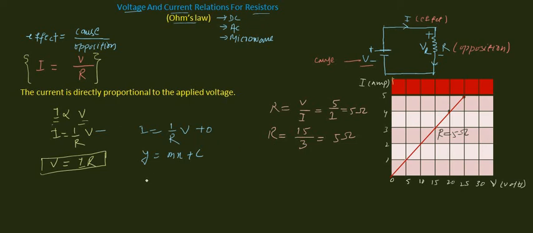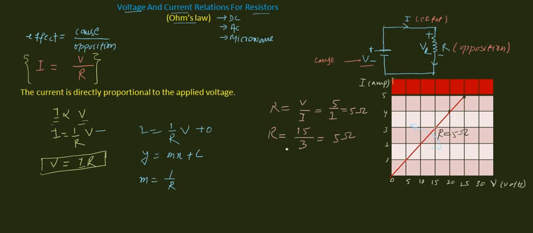The slope in this case is M equals 1 divided by R, which means that if we increase the value of this resistor, the slope of this line moves towards the voltage axis, and if we decrease the value of this resistor, then this straight line moves towards the current axis or the y-axis of this graph.